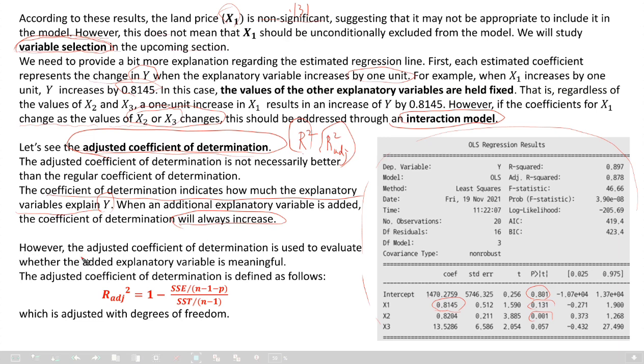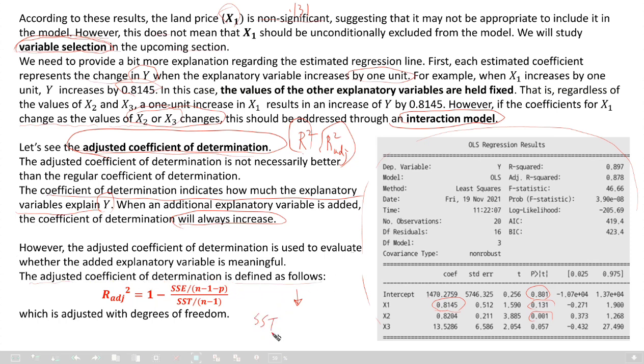However, the adjusted coefficient of determination is used to evaluate whether the added explanatory variable is meaningful or not. So adjusted R square can decrease even though one extra explanatory variable is included.